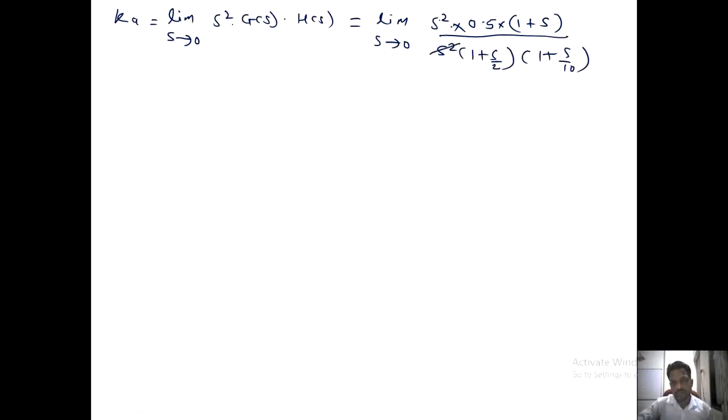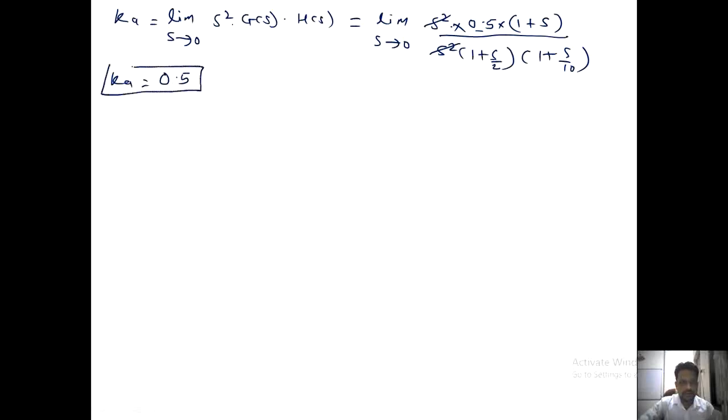You can see that in the numerator as well as in the denominator there is a term s square. We can cancel it out, and when we put the limit s tends to 0, Ka equals 0.5 times (1 plus 0) in the numerator, divided by (1 plus 0) and (1 plus 0), that means 1, so 0.5 by 1, so we get 0.5.